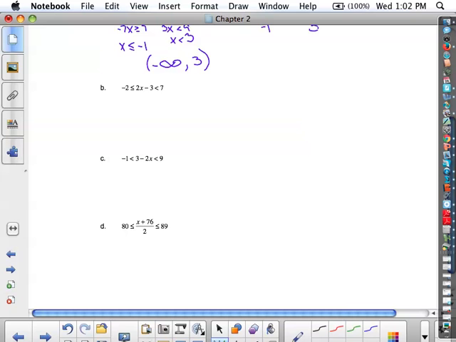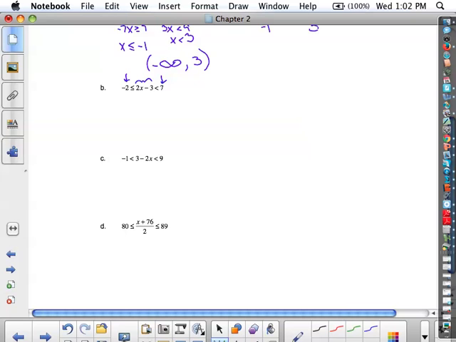So how do we solve this when we have two inequality symbols in our statement? What you have to do is do the same operation to each of those three different regions. This region, and this region.